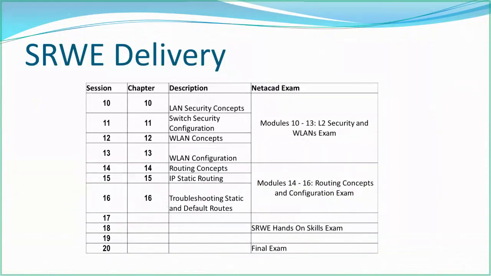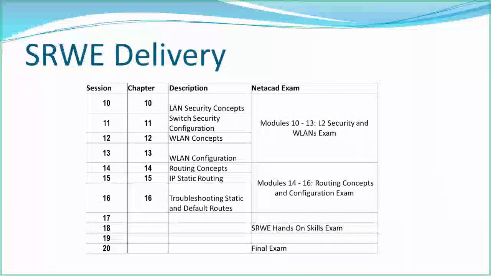Then we'll move on to some security configuration as Cisco implements it. And then chapters 12 and 13, we deal with our wireless chapters, our wireless LAN. And then 14, 15, and 16, we come into finishing off with a little bit more routing information on setting up static routing. And that ties off the concepts for this cluster.